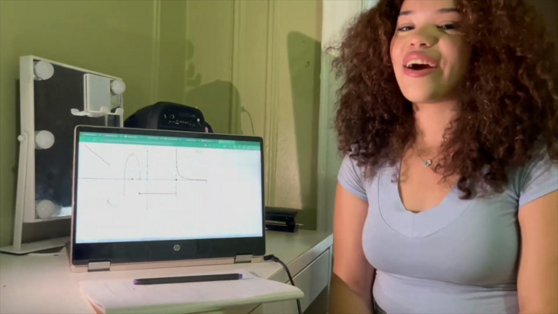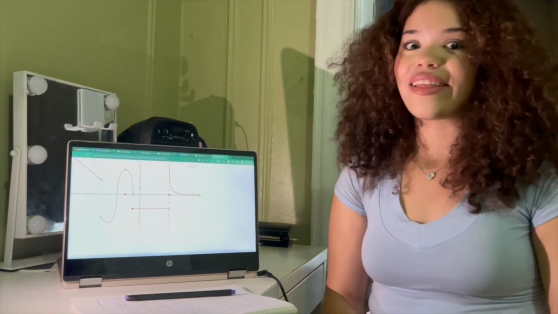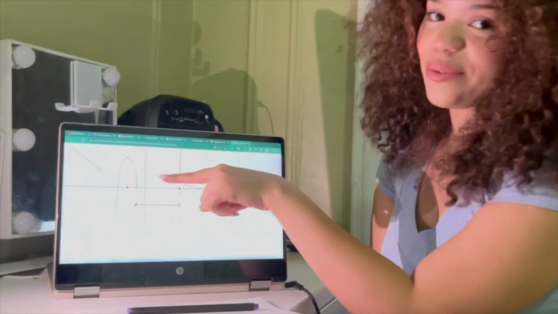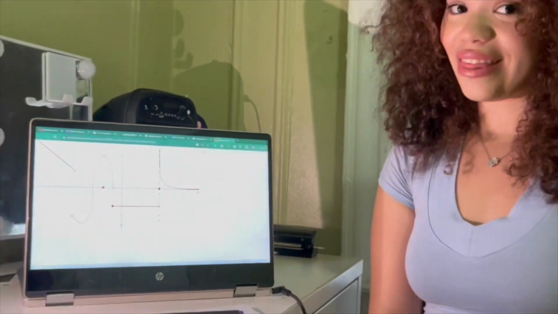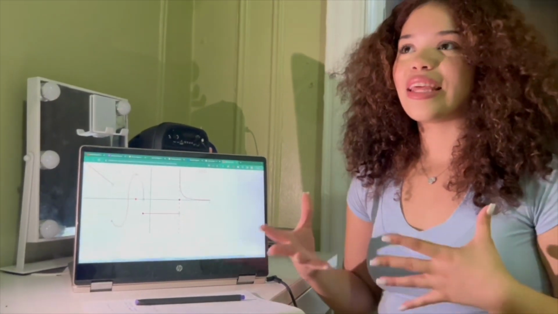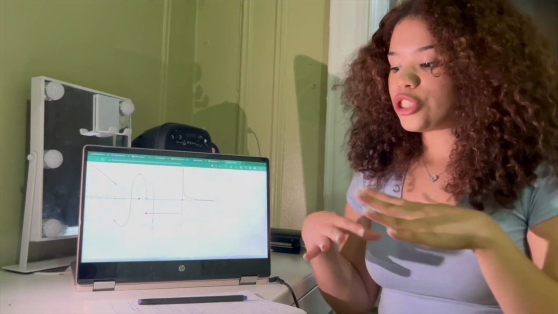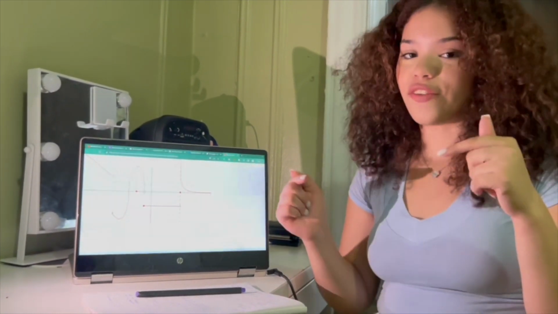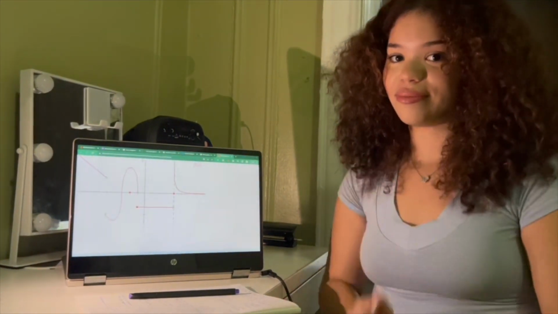And there are limits that are called right-hand limits. They approach the point from this way. Then there are two-sided limits, and those take into account what the function is doing from either direction.